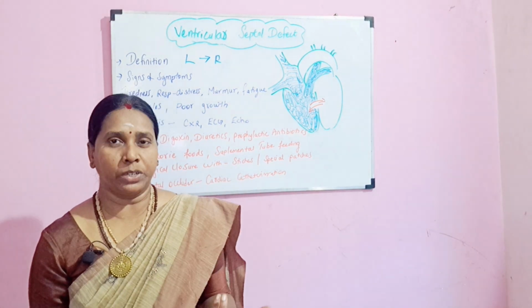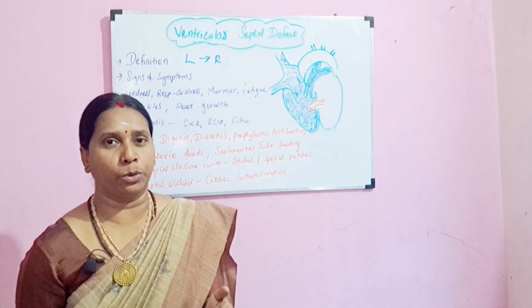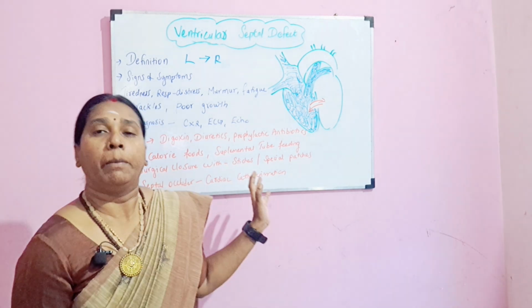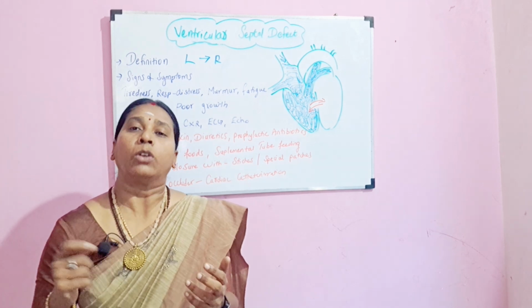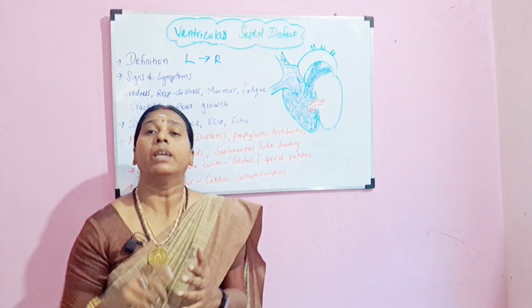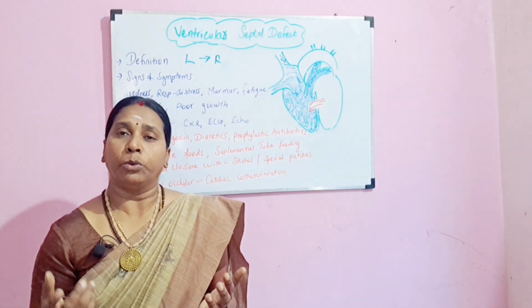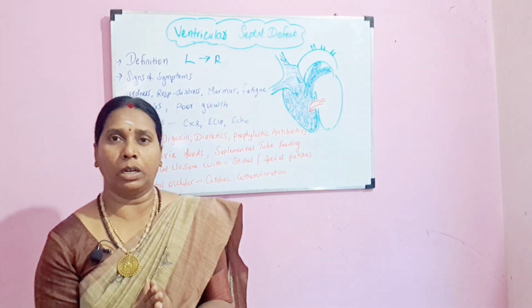In case it is a breastfed baby, you start EBM with an NG tube. That is the medical management. In surgical management, you can close the defect either with stitches or with patches. Sometimes with transcatheter management, you can go in with septal occluders. So this is what we have with ventricular septal defect.